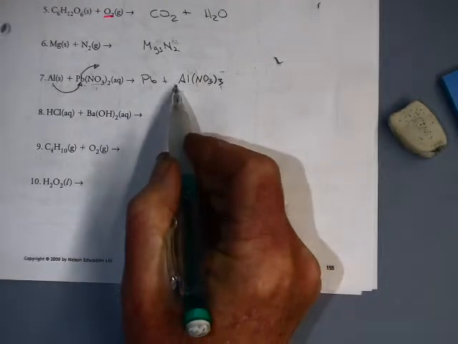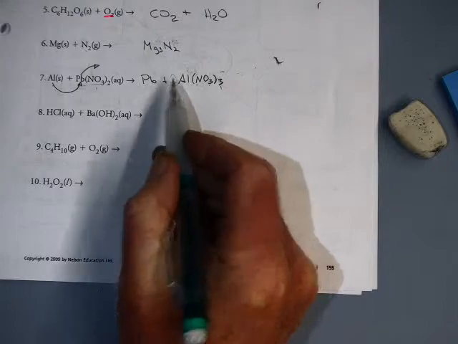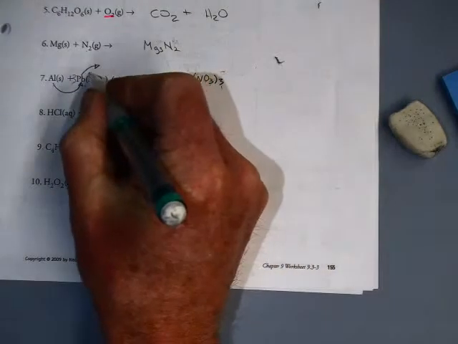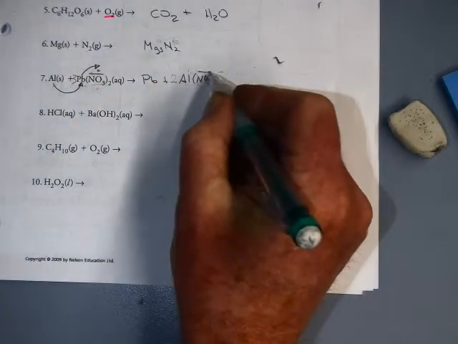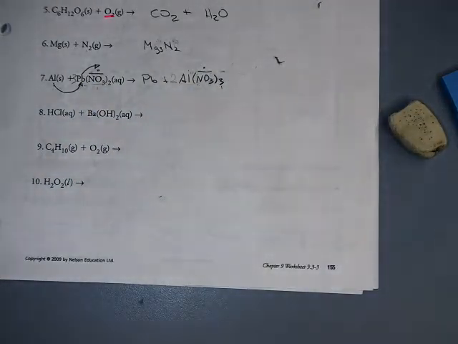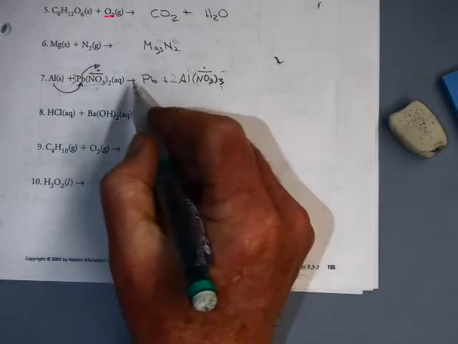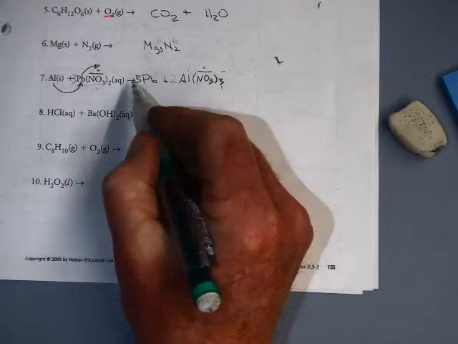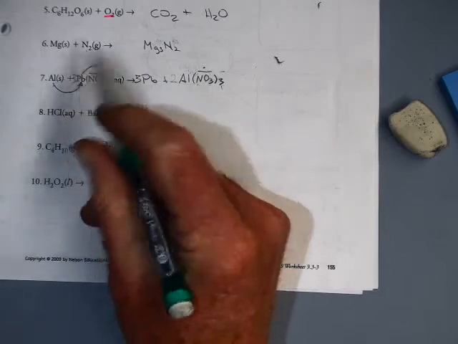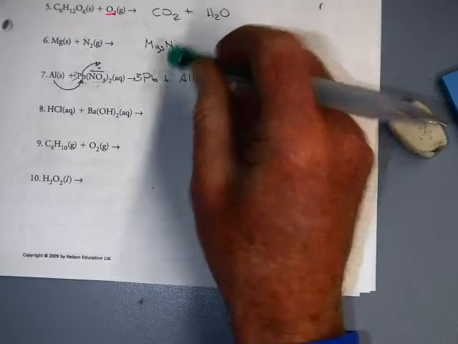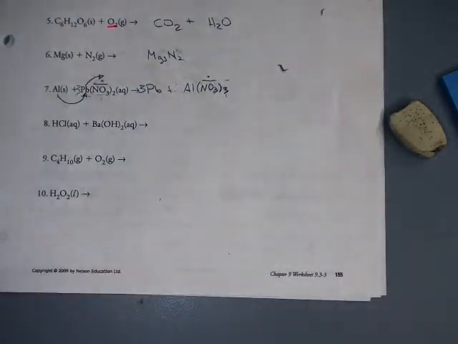I'm going to do that by multiplying this by 2, and this by 3. The nitrates are balanced. Now all I have to do is worry about the aluminums and the leads. I've got three leads here, 3 leads there, 1 aluminum here, one aluminum there. Bob's your uncle.